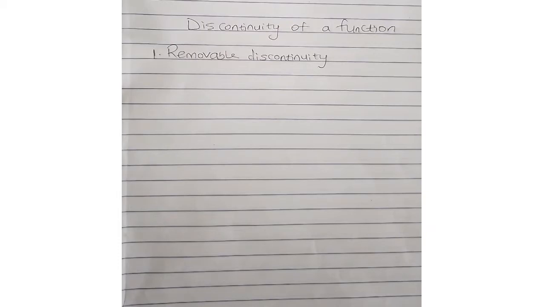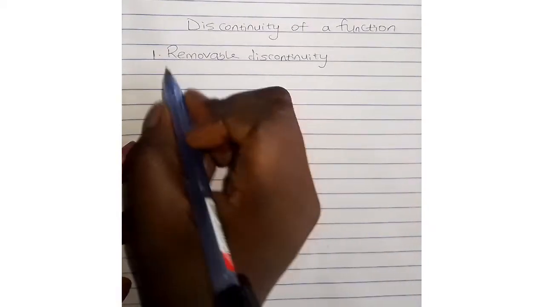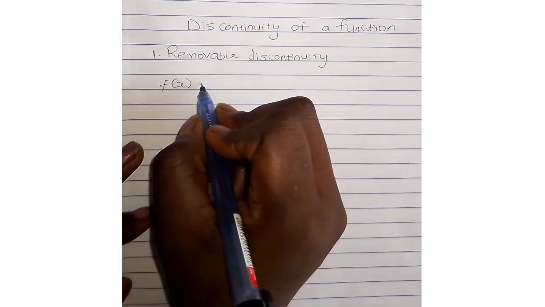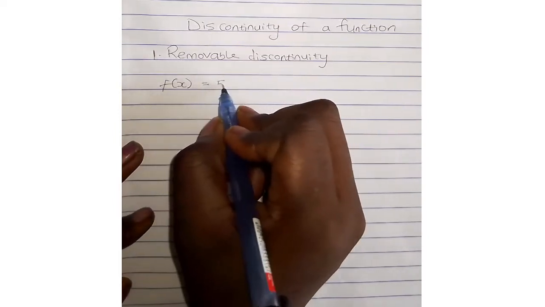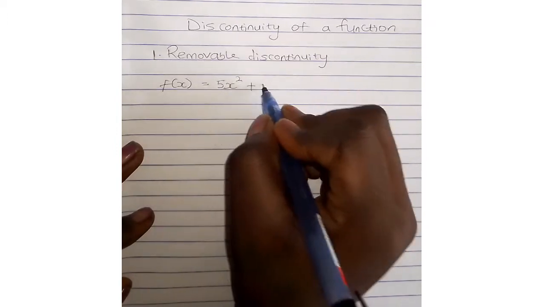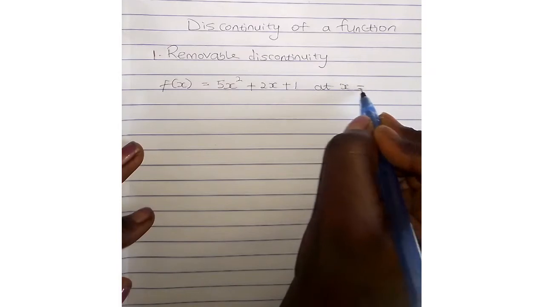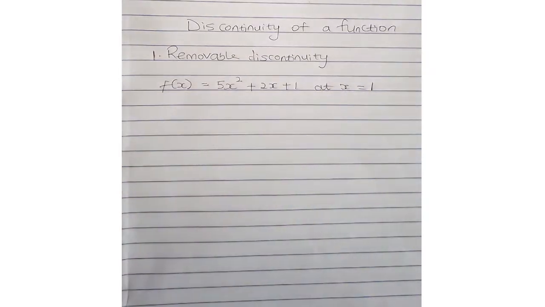Let's take an example. Given a function f of x, which is equal to 5x squared plus 2x plus 1 at x equals 1. Now, let's solve for this using the three conditions necessary for the continuity of a function.